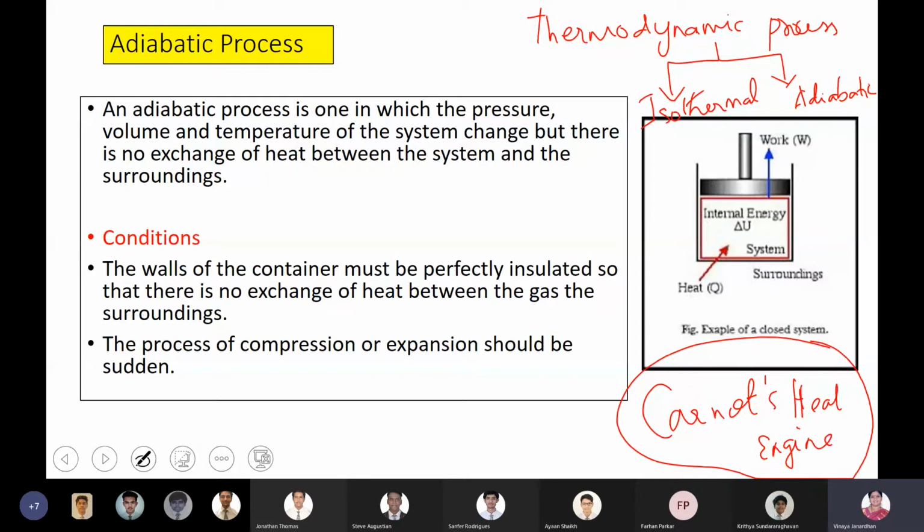Why we call it an ideal heat engine is that there will be no loss of heat energy. All heat energy will be converted to work. This is what actually doesn't happen in reality. This is the basic, hypothetical heat engine which you can study, to learn how energy supplied is converted to work.